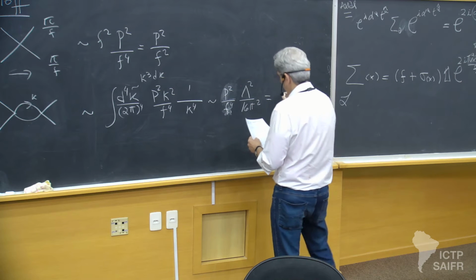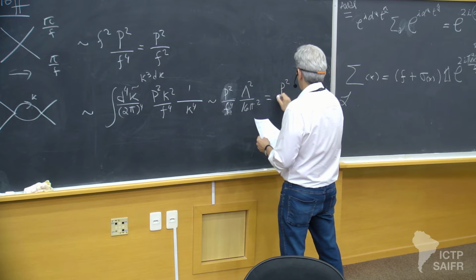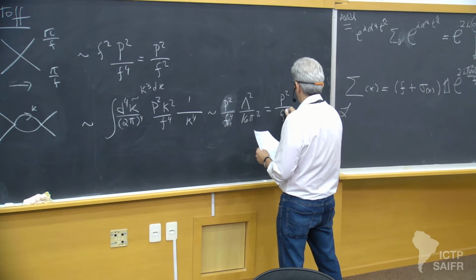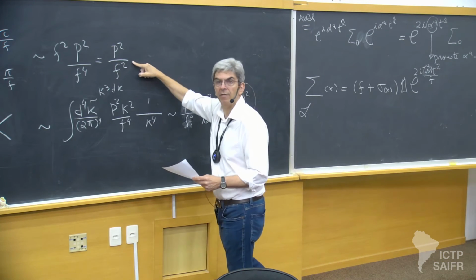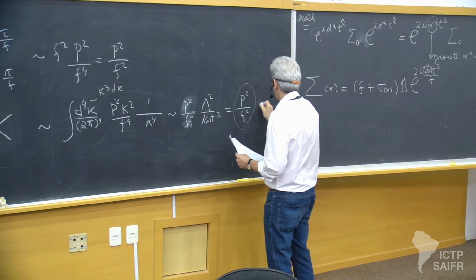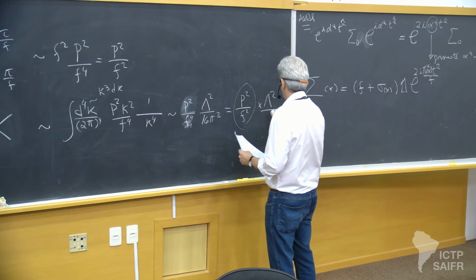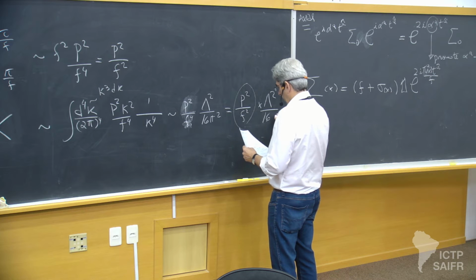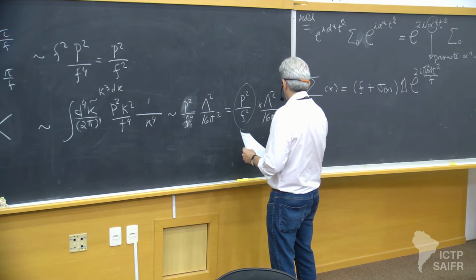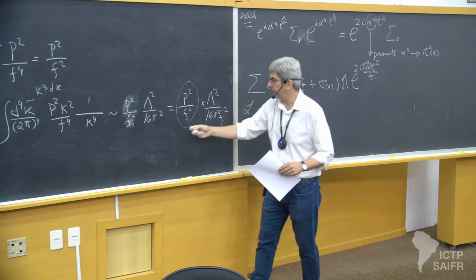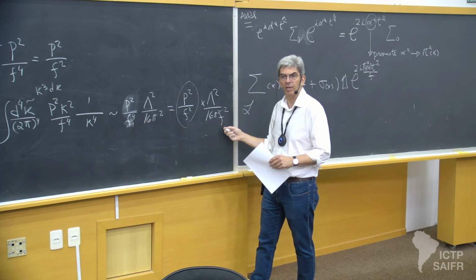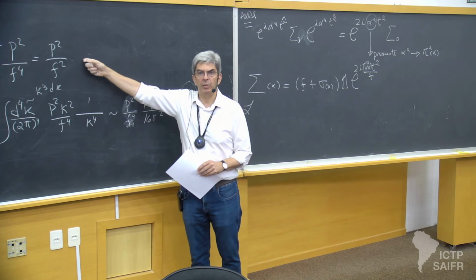Now I can write this as p squared divided by f squared. Now p squared divided by f squared is the tree-level result, right? Times the cutoff squared divided by 16 pi squared f squared, okay? So now, this is the result of the loop calculation, and this is the result of the tree level.